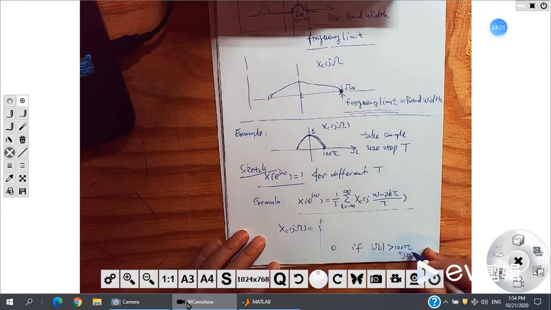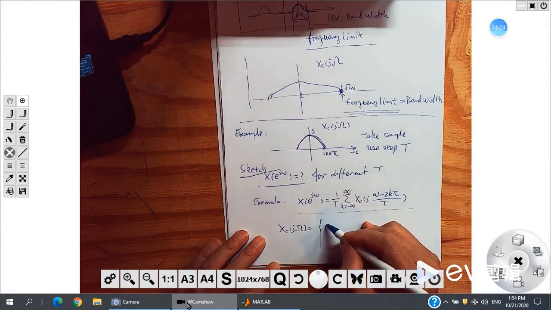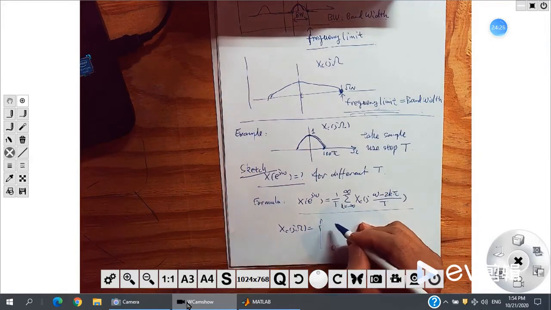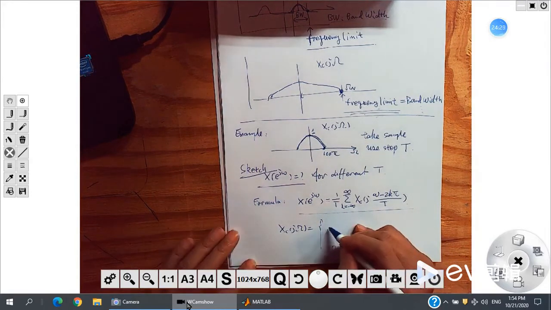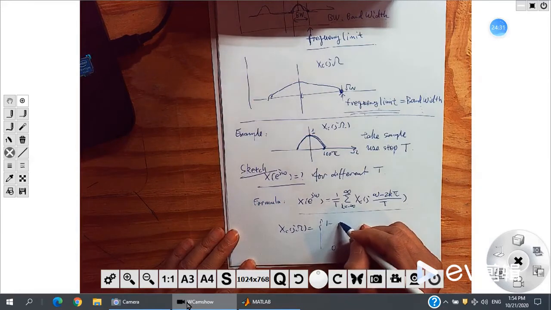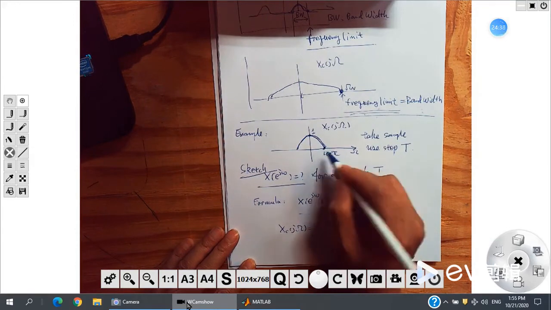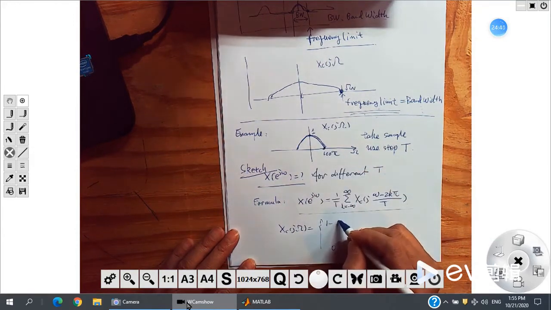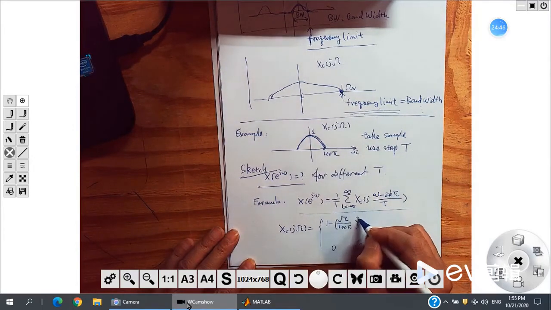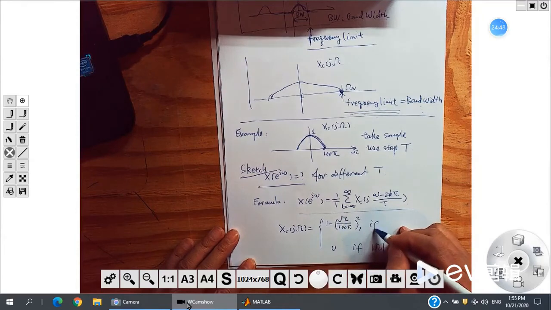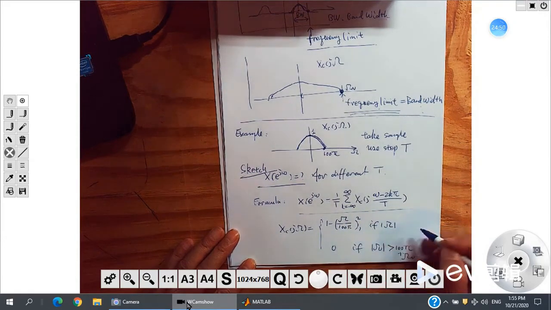Here it will be a square, so this is 1 minus omega squared. When omega is 100 pi, it will be 0. So 1 minus omega over 100 pi, squared, if omega is smaller than or equal to 100 pi, then we have Xc.